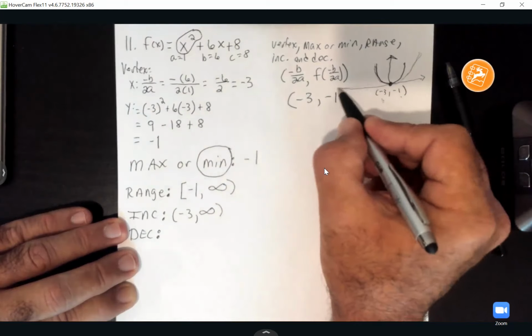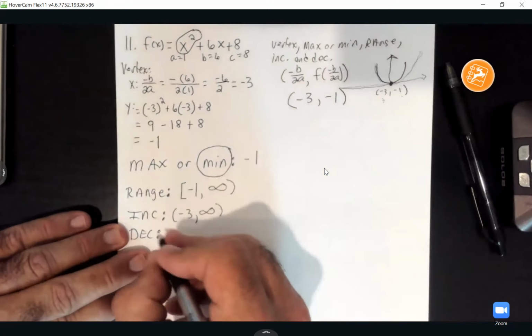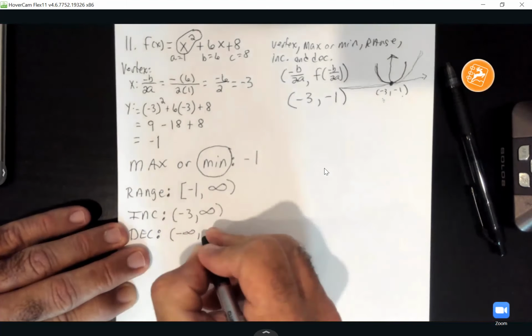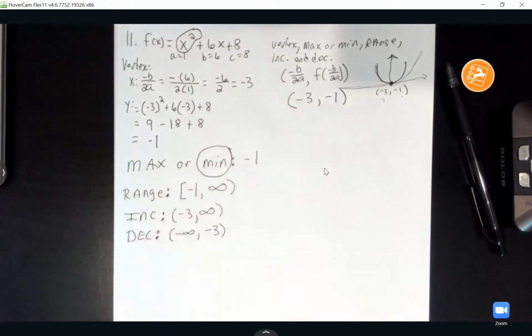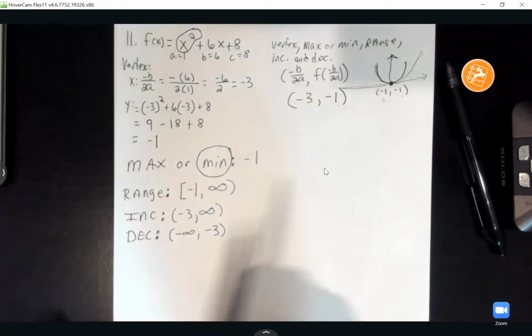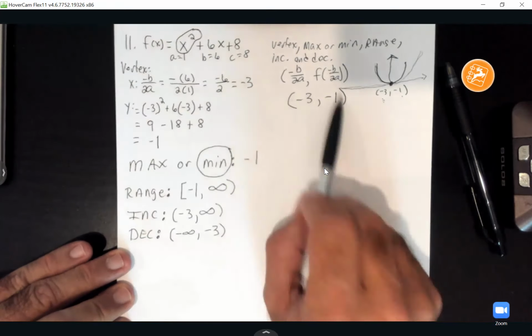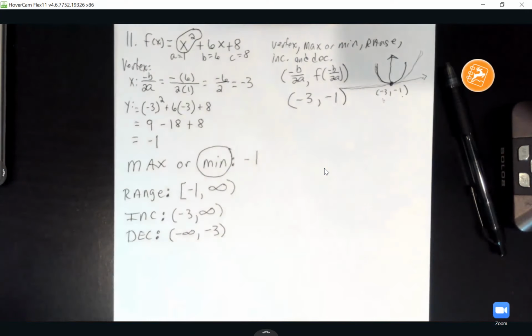So this graph comes in from negative infinity until it hits negative 3. Really on this problem, once you get this vertex, you have all the numbers you need to finish this out. So let's see how they want that put in.